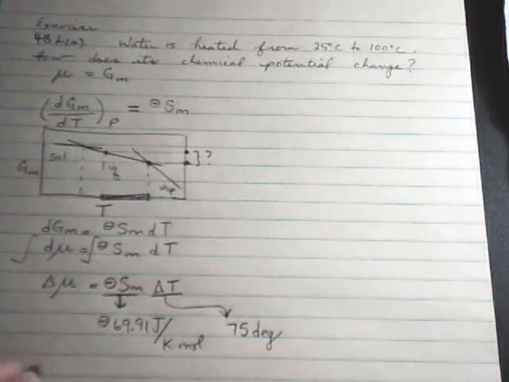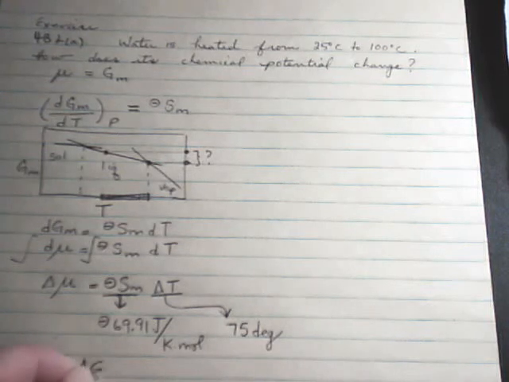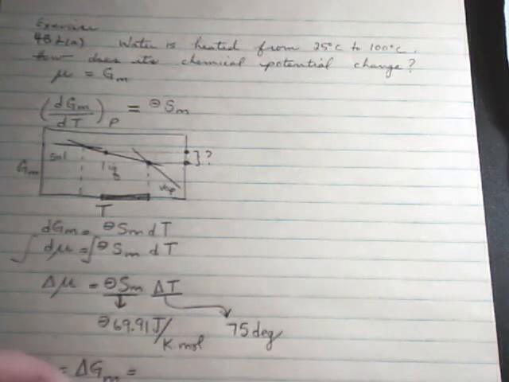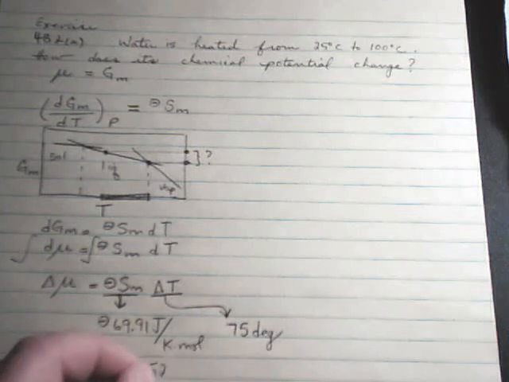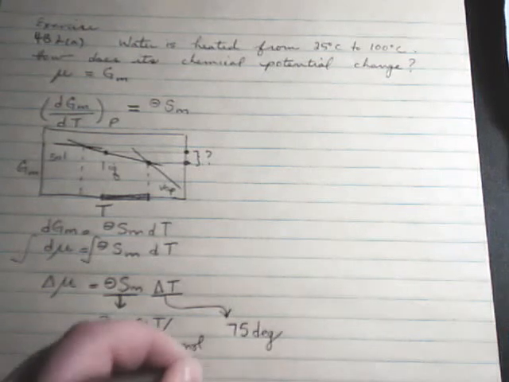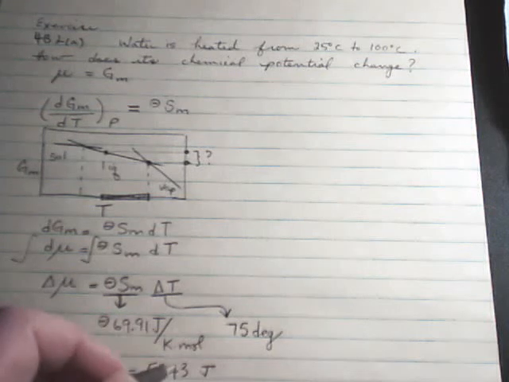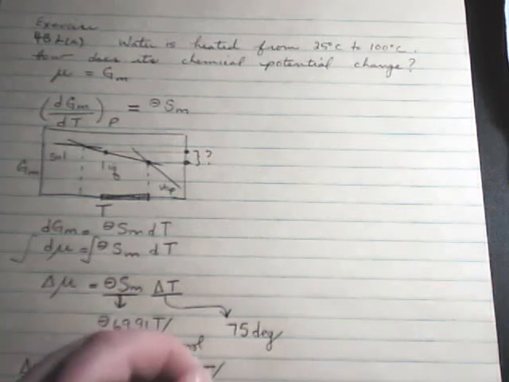And I get a change in the chemical potential, which is the change in the molar Gibbs. And that is equal to negative 5243 joules per mole.